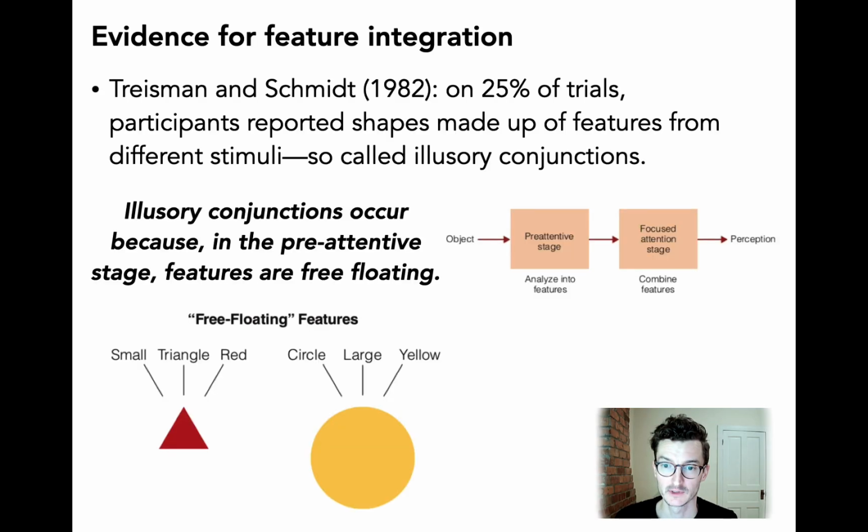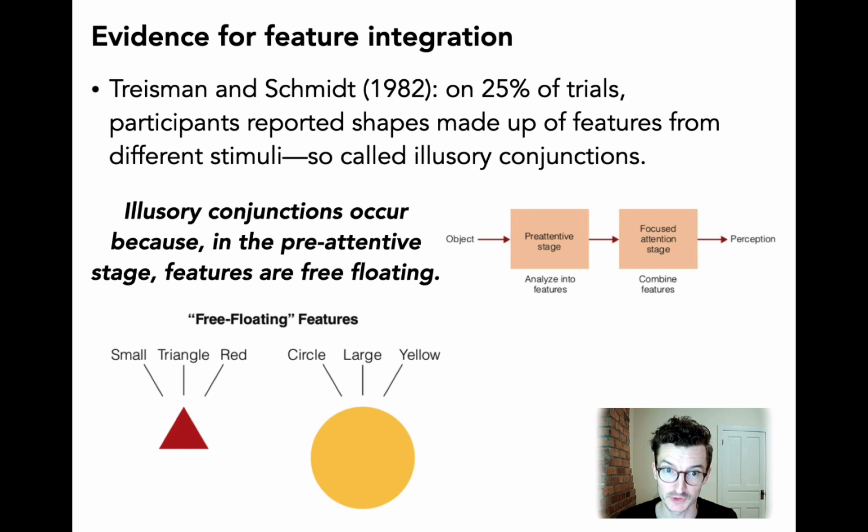And the prediction, right, is because this task is so difficult, we're going to see feature swaps. And this will provide evidence for feature integration theory and the notion that attention solves the binding problem. And that's exactly what Treisman and Schmidt saw.